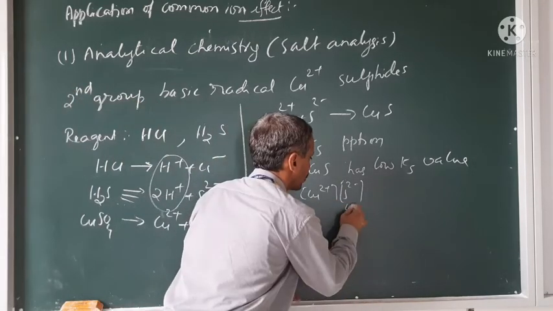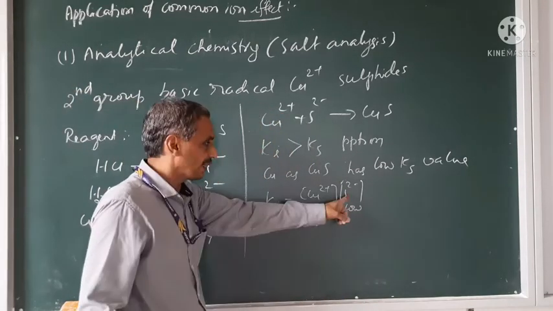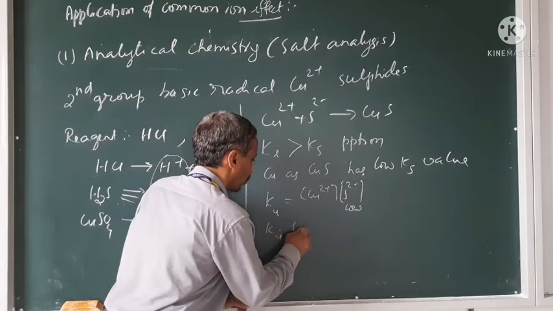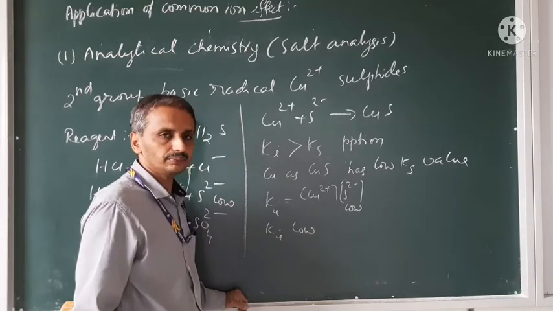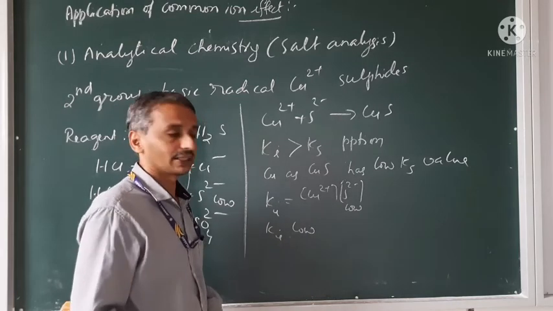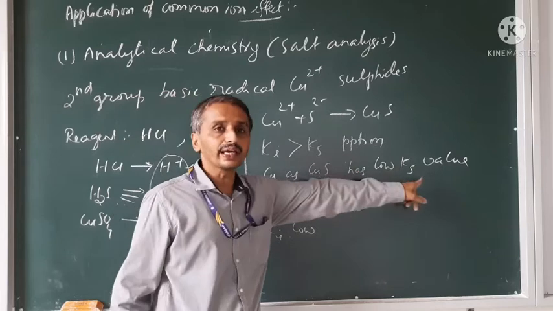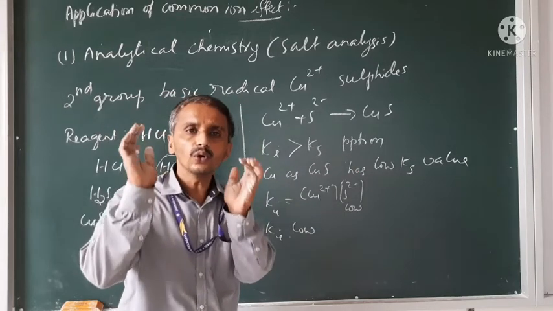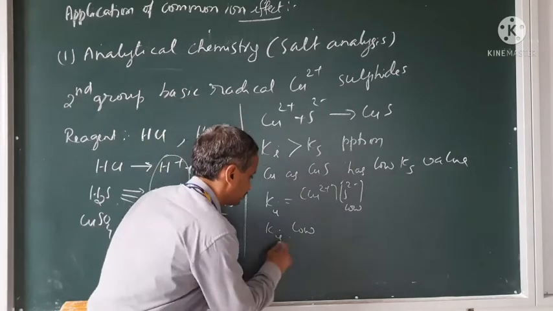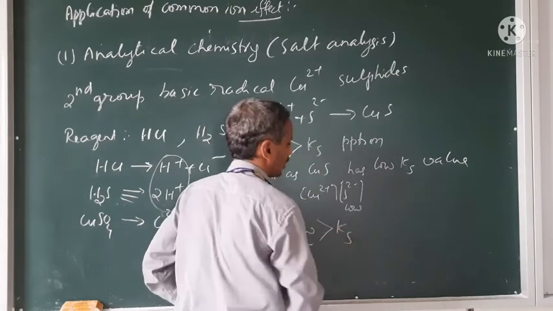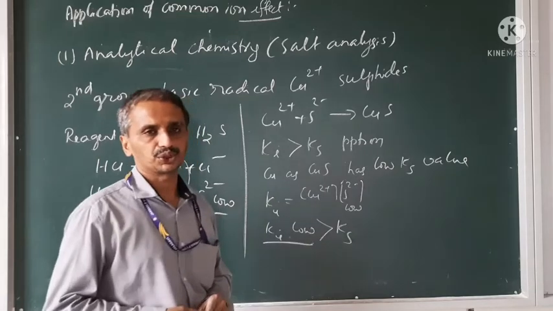So this value is very low. When S2- is low, the ionic product becomes low. But what I said, CuS has a low Ks value. The low Ki value obtained can be sufficient to cross the low Ks value, and the precipitation occurs.